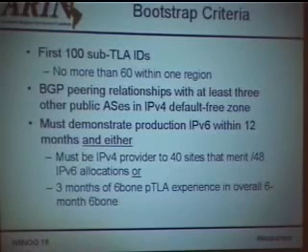In addition, the organization must demonstrate intention and solid network deployment plans for production IPv6 services within 12 months of the allocation by the Regional Internet Registry, and meet either one of 2 other criteria: the requesting organization must be an IPv4 provider to at least 40 sites or customers that would merit or qualify for a /48, an NLA, or a set of bits in which to do aggregation in IPv6 at the /48 level, or have 3 months of 6-bone pseudo-TLA experience and overall 6 months of experience working with the 6-bone group.